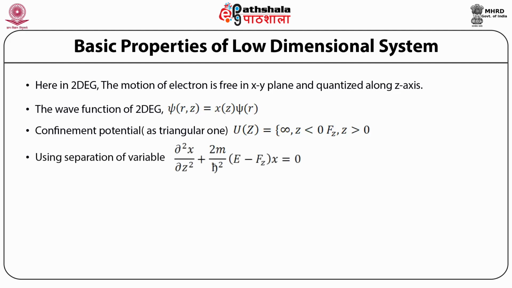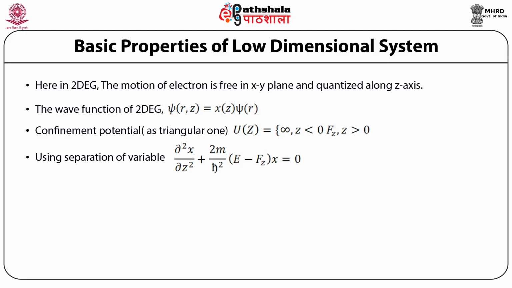Now using this separation of variables, the Schrödinger equation for the wave function χ(z) is given by ∂²χ/∂z² + (2m/ħ²)(E − Fz)χ = 0.